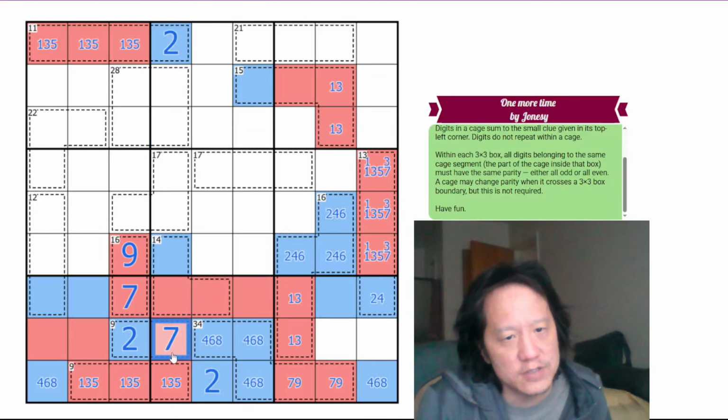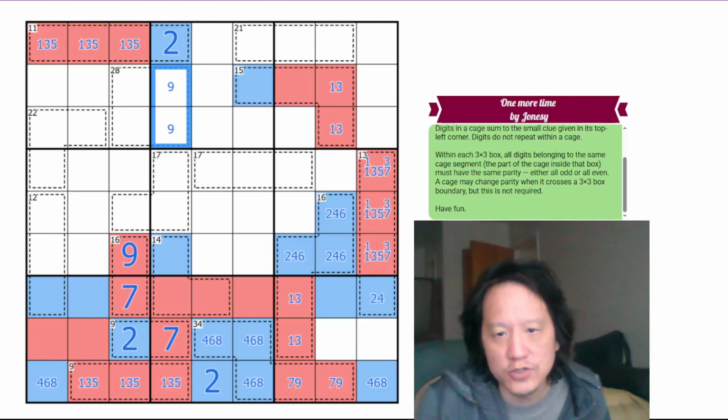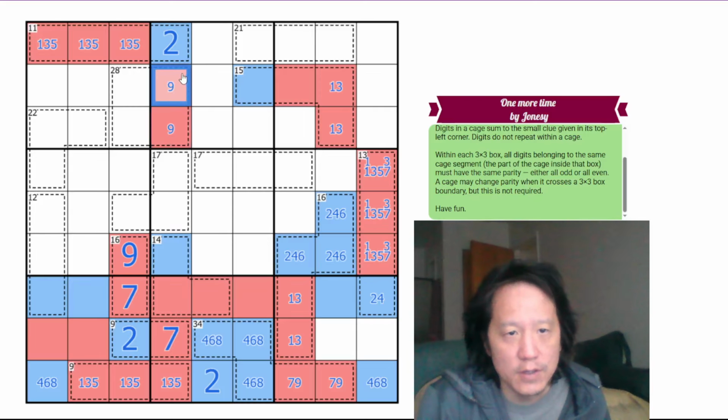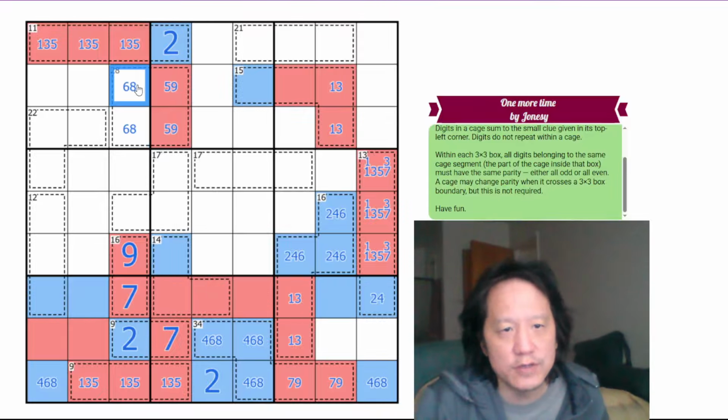And you can't have a 7 because they have a 7 here in columns 3 and 4, which eliminates 7 as a possibility here. So this has to have a 9, which means the 9 is here, which means these are both odd. That means you can't have a 7. So this must be 5, 9, and 6, 8 here. So these are both even.